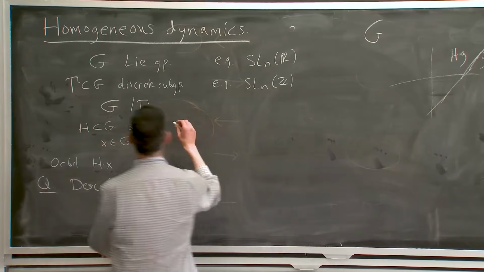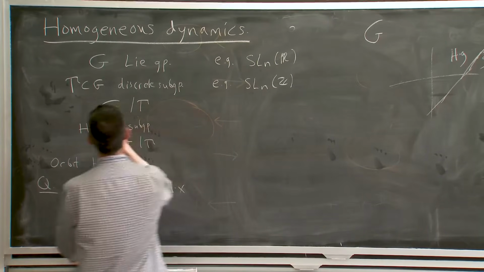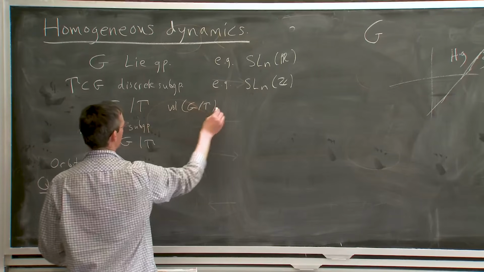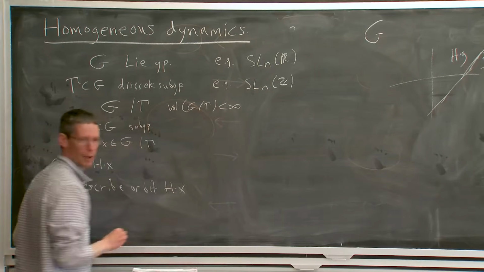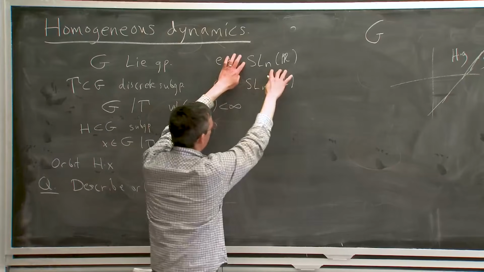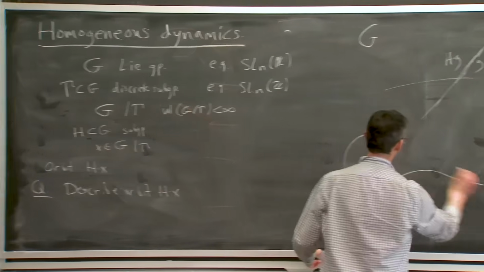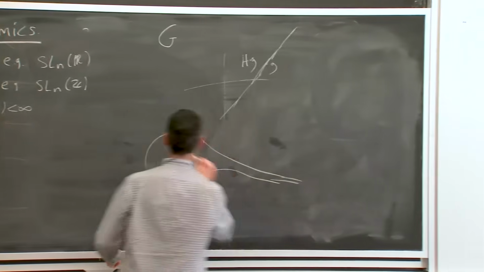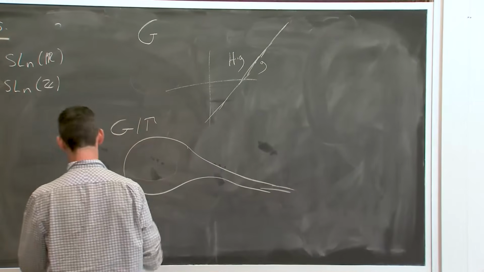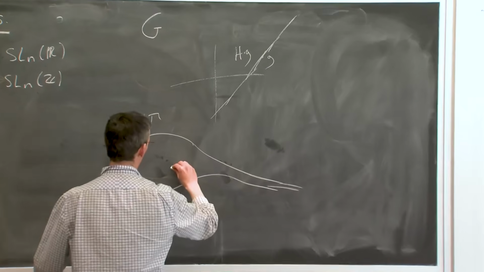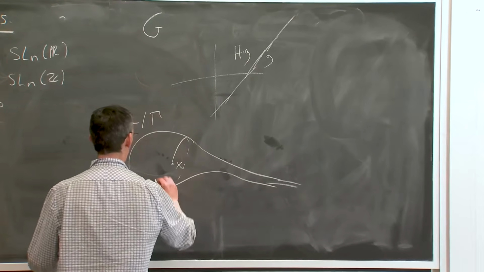Oh, and I'll put something else. So G mod Gamma, we'll be interested in cases where the volume of G mod Gamma is finite. So the volume of G is infinite, but the volume of G mod Gamma is finite. So G mod Gamma looks sort of like this. And so then there's a point x in there, and the orbit goes through x, but then it wraps around.